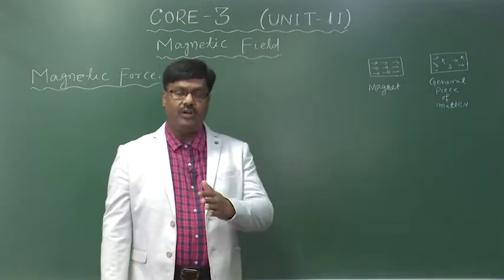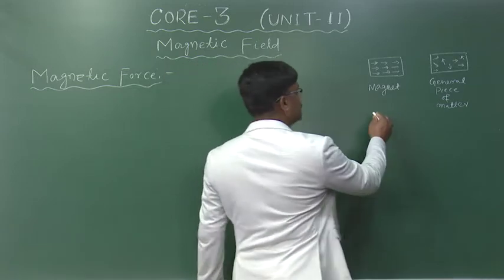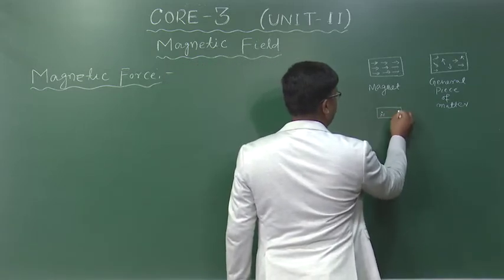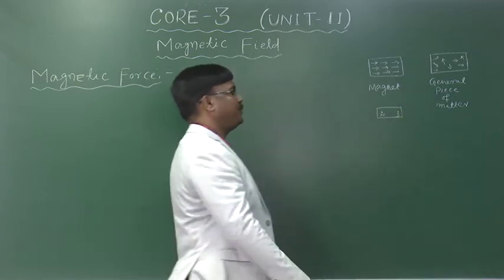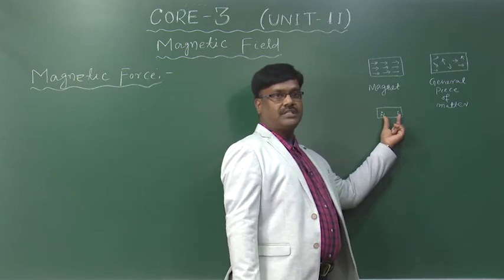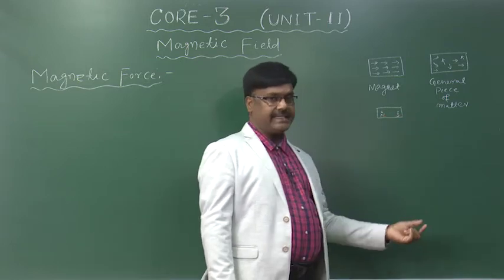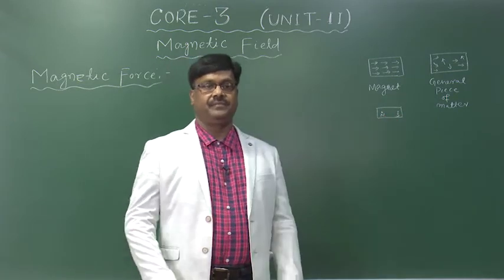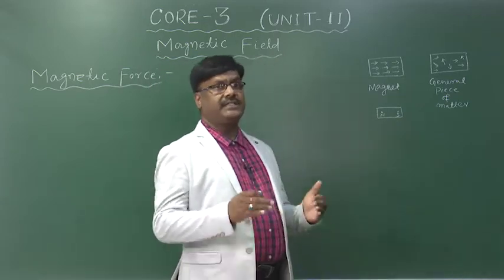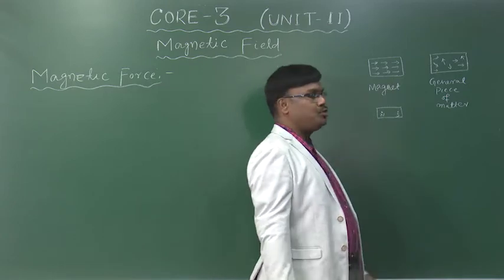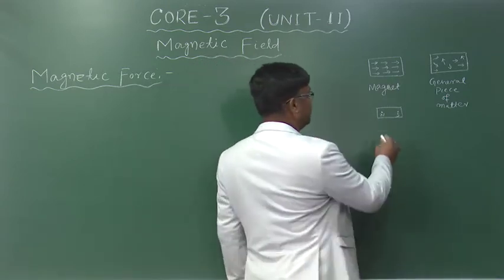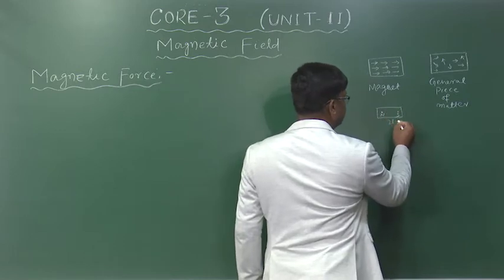And you know every magnet has two poles, which are known as the north pole and the south pole. The distance between the two poles is known as the magnetic axis, that is the magnetic length, and its mathematical symbol is 2L.